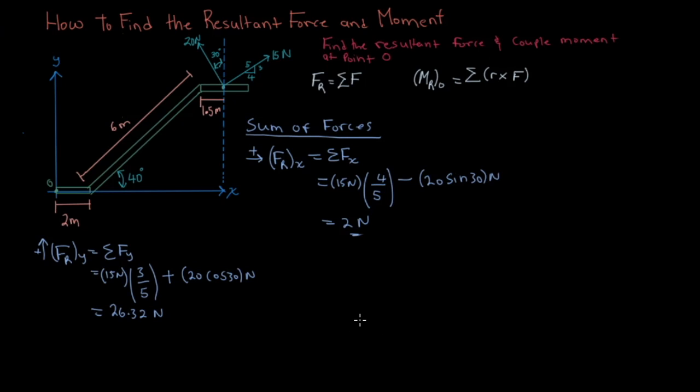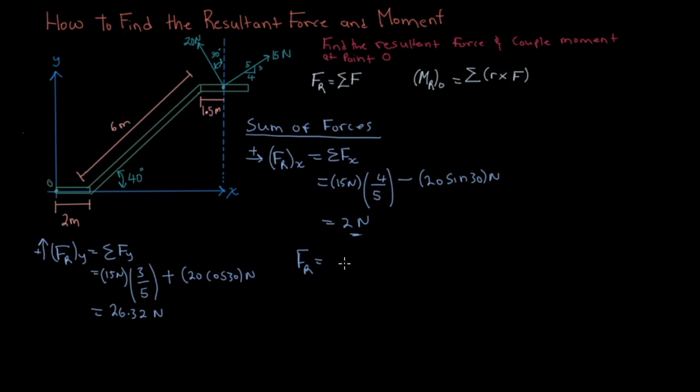Now, there's two ways of writing the resultant force. We can write it in Cartesian vector form, and we can also write it in terms of its magnitude and its angle. Cartesian vector form is actually the easier way of writing it. So essentially we just write the resultant force, Fr, is equal to the different components.